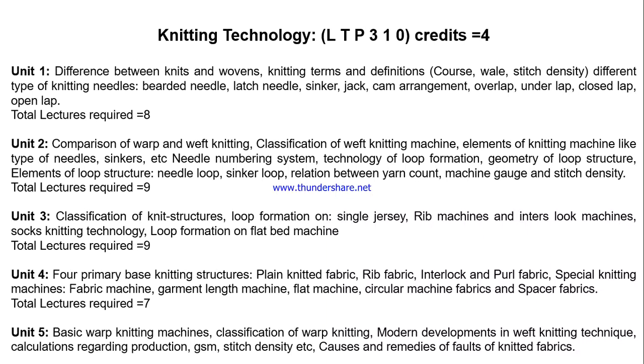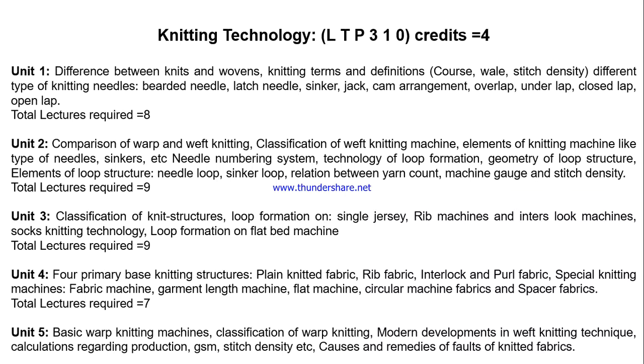Then Unit 4, four primary basic knitted structures, plain knitted fabric, rib, interlock and purl fabric, special knitting machines, fabric machines, garment length machines, flat machines, circular machines, special fabrics formation. These are the topics of discussion of Unit 4.